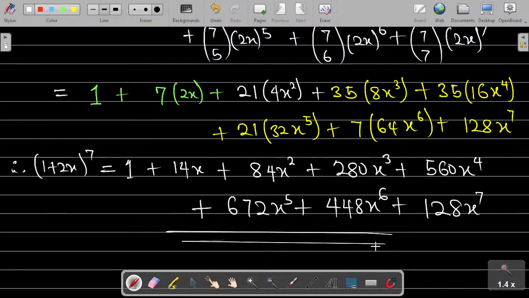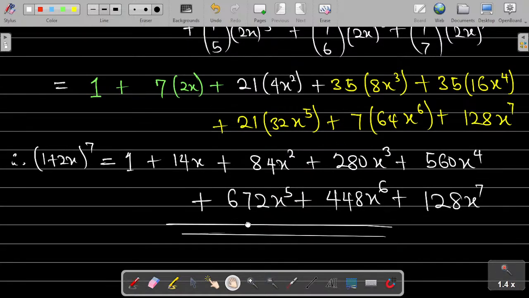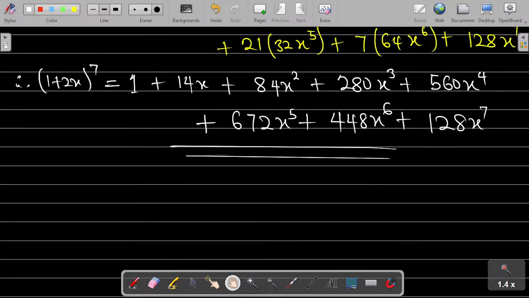All right, and then after that we are told to use this expansion we've gotten to expand, because that's not the end of the question. Let me write it. Let me call it the B part.